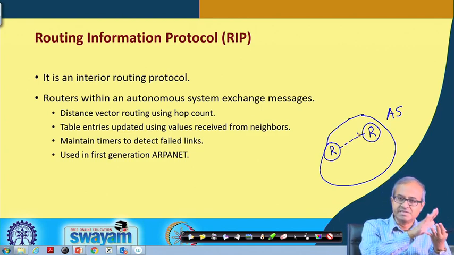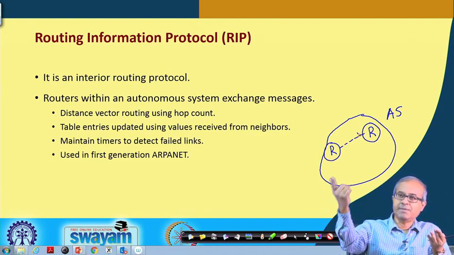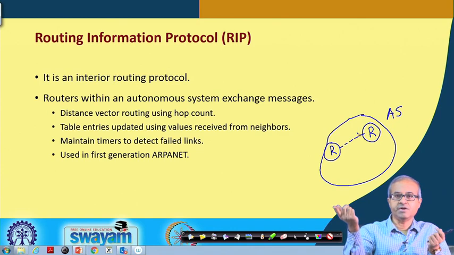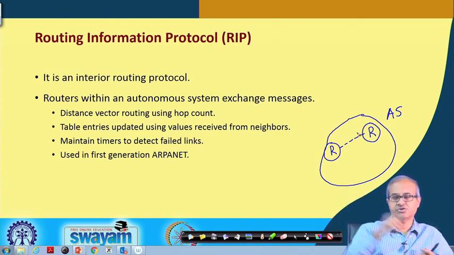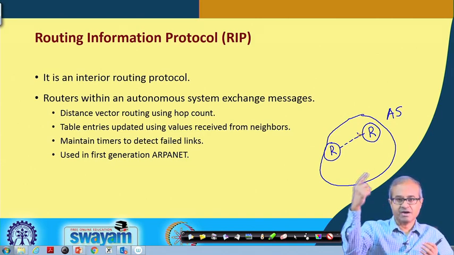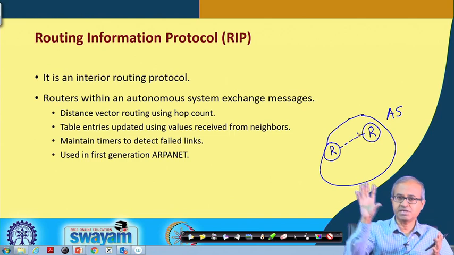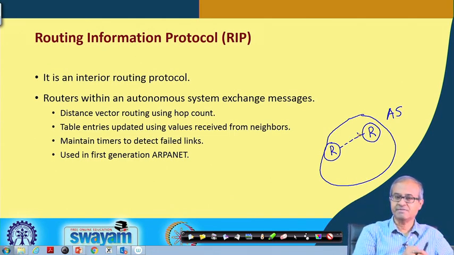But when I am sitting in this network, I want to send a packet to one of the computers in the other network. I do not know what the status in the other network is, which path is best, which path is required to be followed.